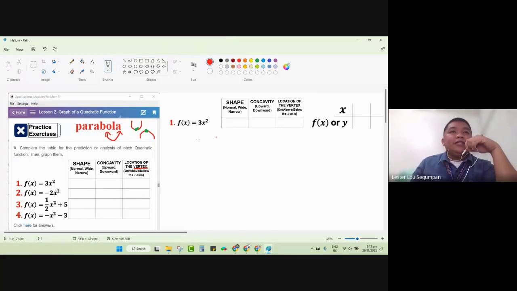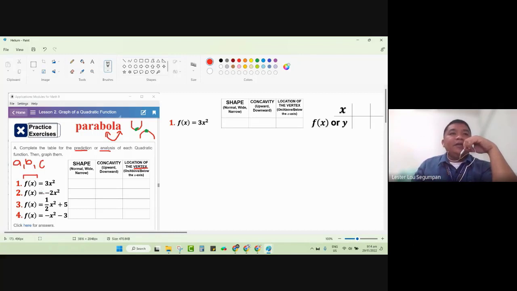In order for us to predict the parabolic graph according to shape, concavity, and vertex, it's very important for us to remind ourselves of the correct a, b, and c coefficients. And by the way, the standard form of the quadratic function is where f of x is placed on the left-hand side and all other expressions are on the right-hand side.